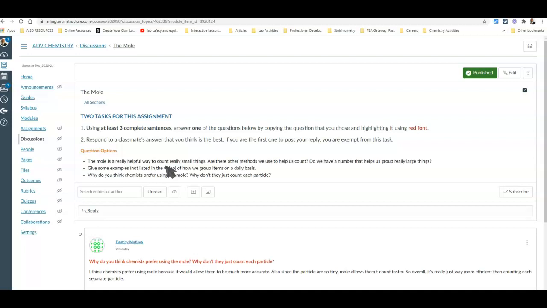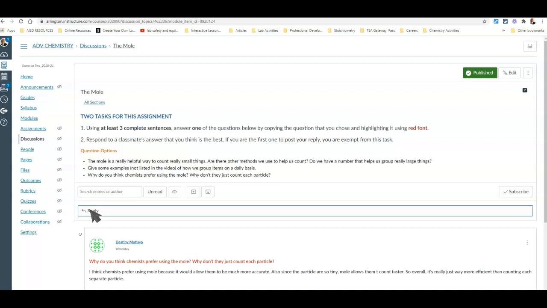Do we have a number that helps us group really large things? You're going to click on the reply button, copy that, paste it, highlight it red or change the font color to red, and then type in your response. Based on the information you have, just type in your response and then post it.